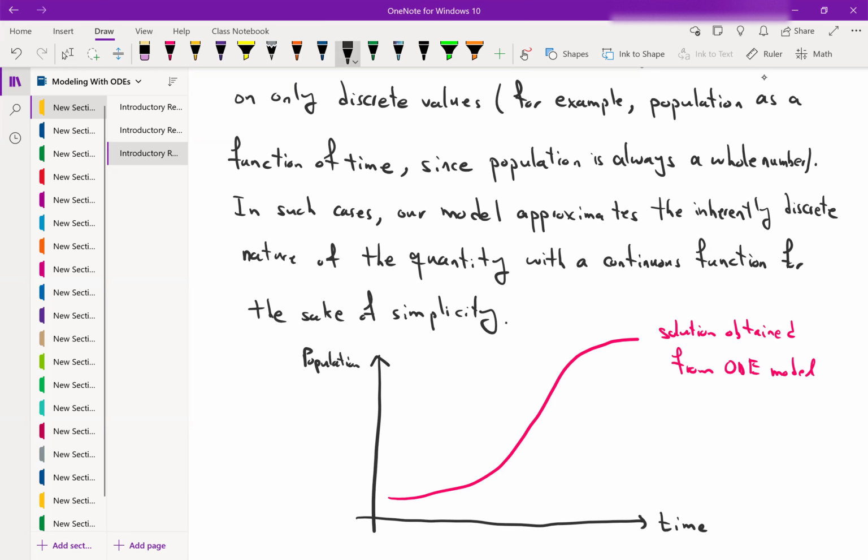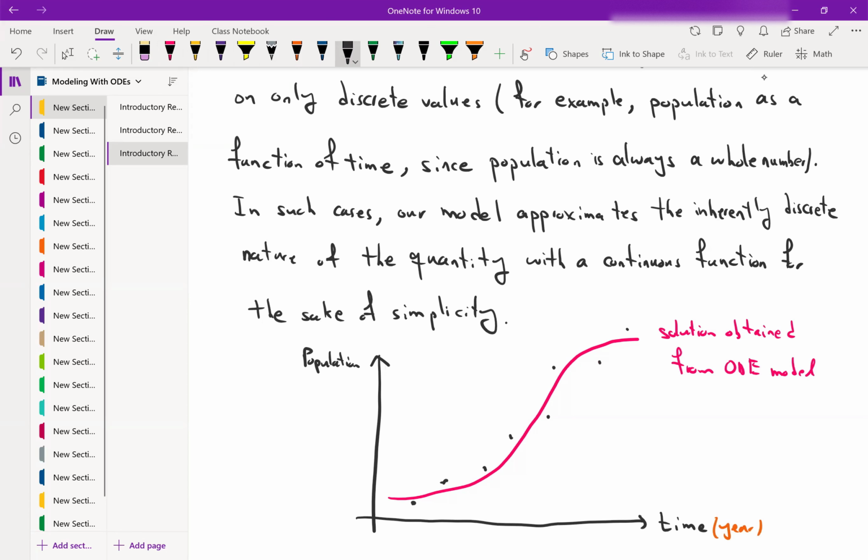For example, let's say that the time here is in years. In year 1, for example, the population has this value, some integer value. In year 2, another whole number value, and so on and so forth.